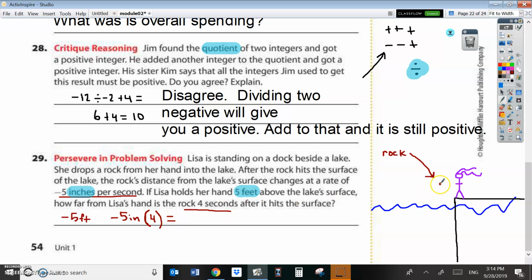So, this right here, this distance is 5 feet. And then it goes down 1, 2, 3, 4 seconds.